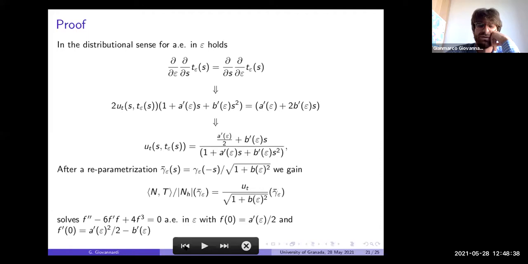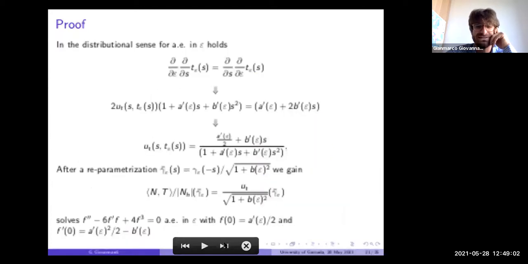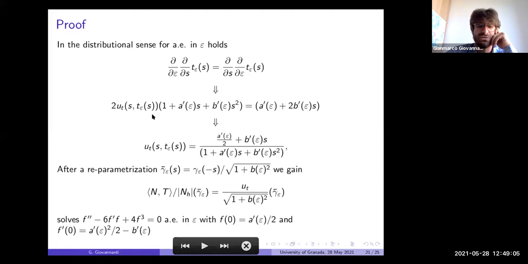If we have a look at t prime epsilon, we have to differentiate this quantity with respect to epsilon. So we have the only derivative with respect to the second term times the partial derivative with respect to epsilon of t epsilon. This is exactly what we obtain, because this is ut evaluated along the characteristic curve, multiplied by the first derivative with respect to epsilon of t epsilon.